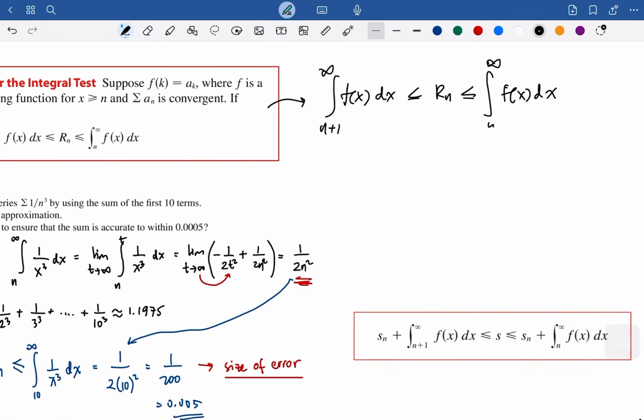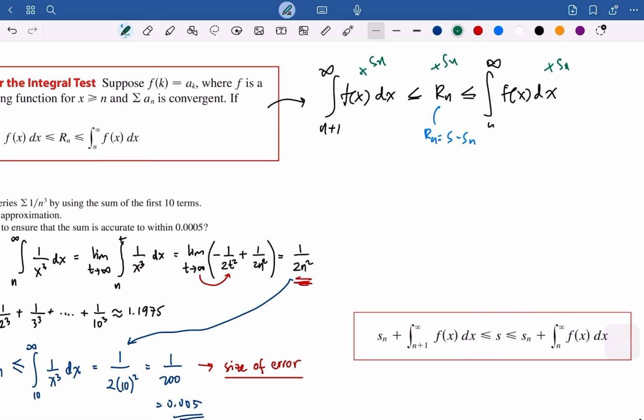Okay, so since Rn is S minus Sn, if we add Sn to both sides, then we can also get a new equation here.